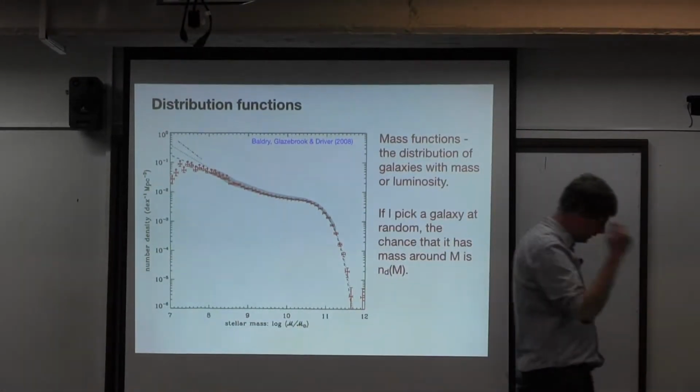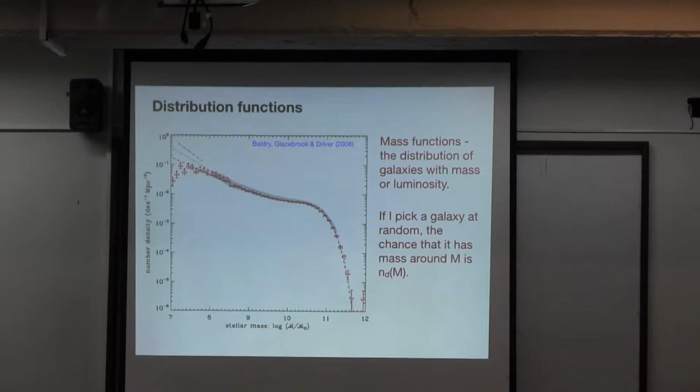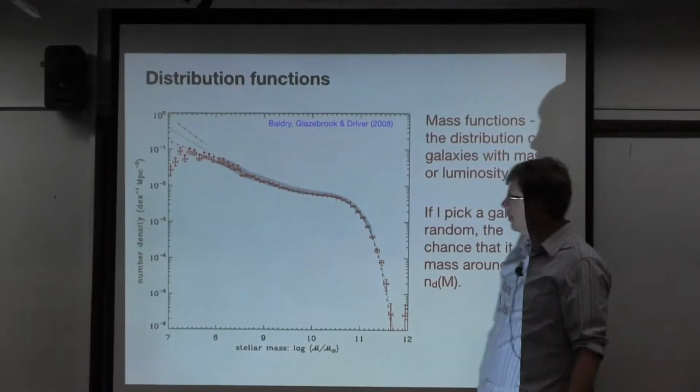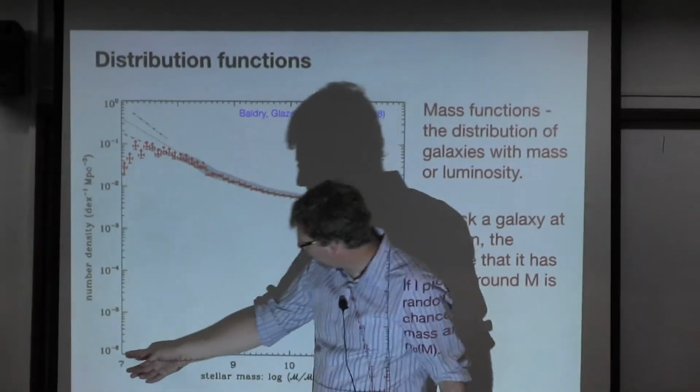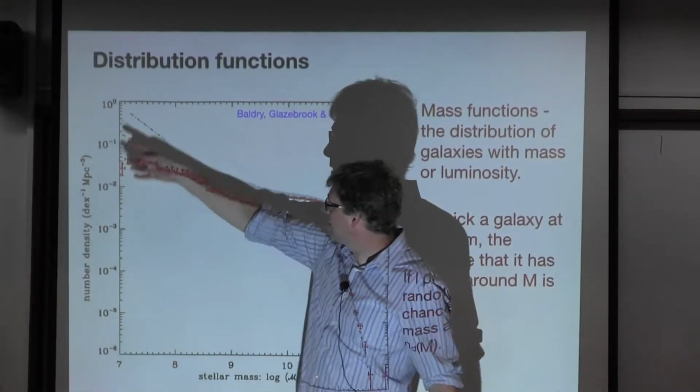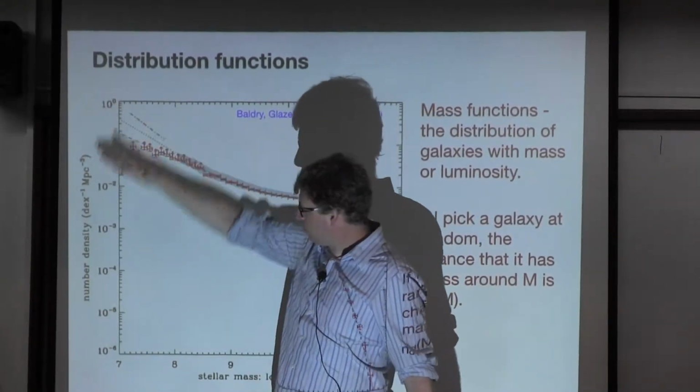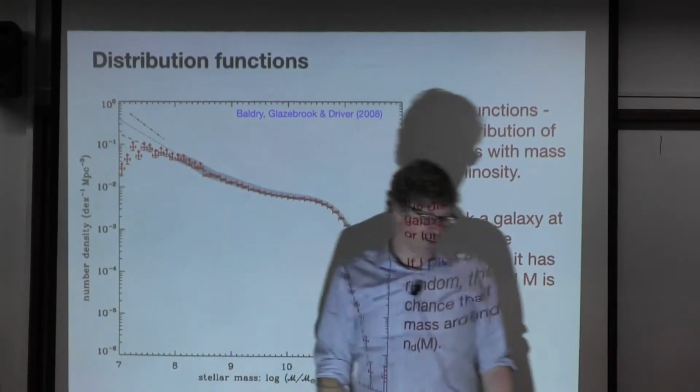So it's counting galaxies. What you can see is that this function is certainly not constant. This is logarithmic, from 10 to the minus 6 to 1. That is 6 orders of magnitude, a factor of a billion.